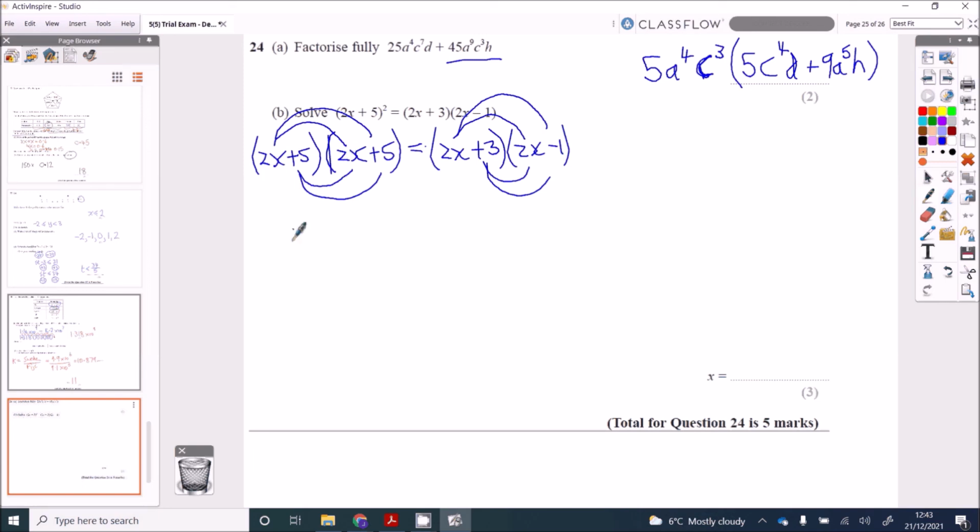So 2x times 2x is 4x squared. 2x times 5 is 10x. 5 times 2x is also 10x. And 5 times 5 is 25. Now on the right, 2x times 2x is 4x squared. 2x times minus 1 is minus 2x. 3 times 2x is 6x.